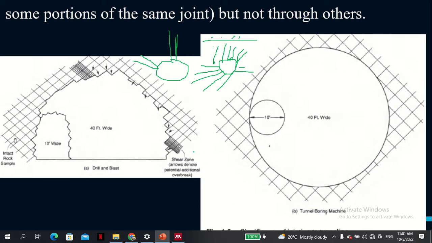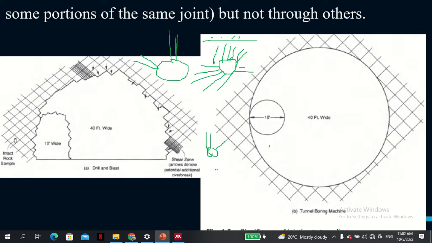The size also increases the chances of better orientation. If you have a smaller diameter, you probably don't have the opening directly facing the orientation, such that once you create unloading, then the potential for slide is obvious.